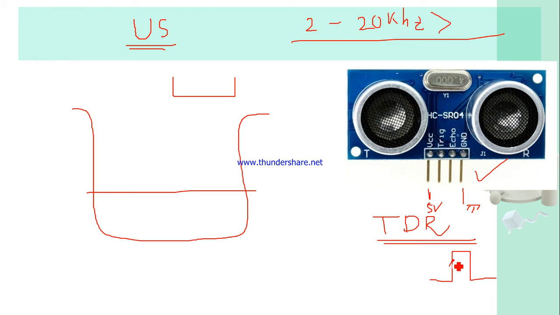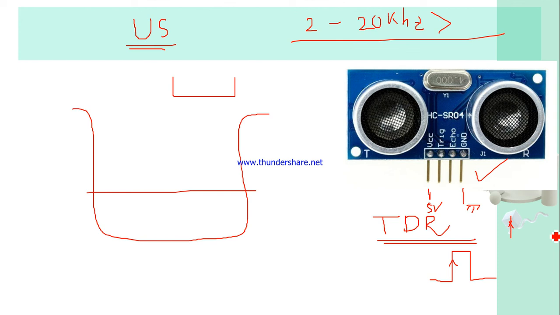So once the pulse is given in the trigger pin, you start the counter, and once the echo pulse is received, again you detect the rising edge.